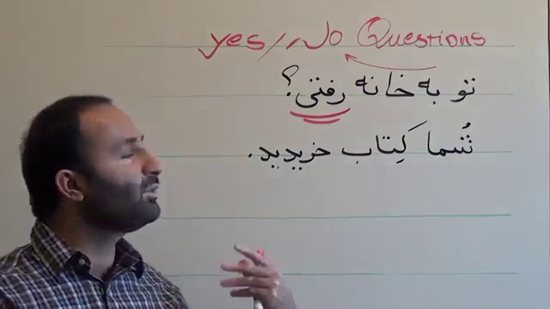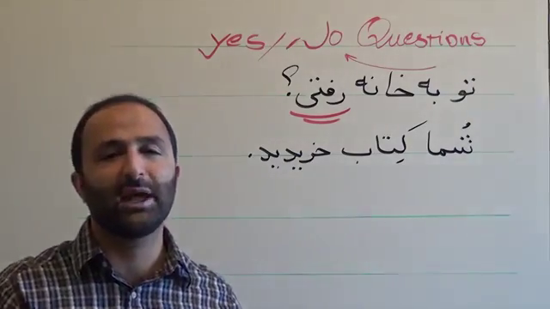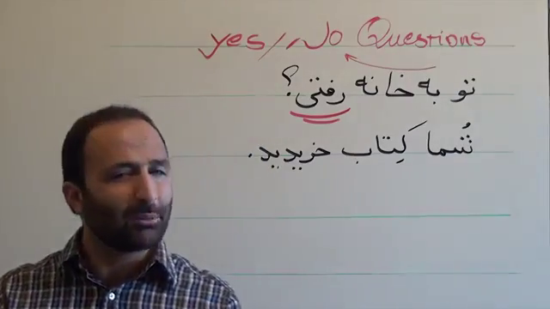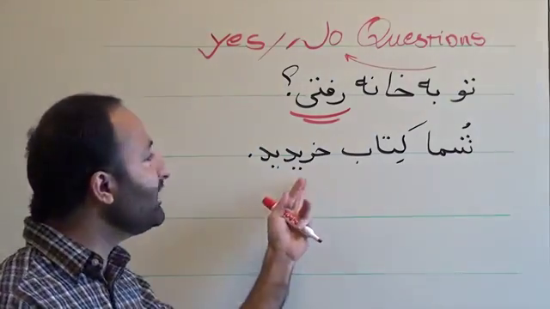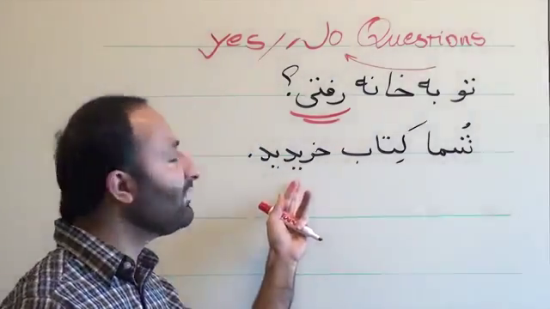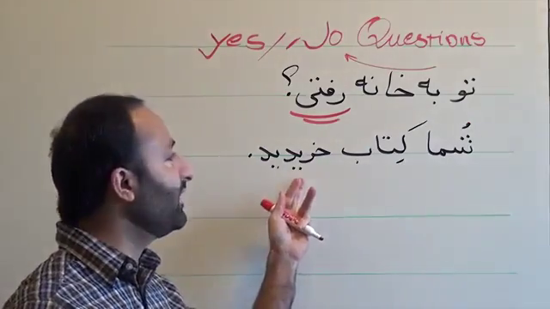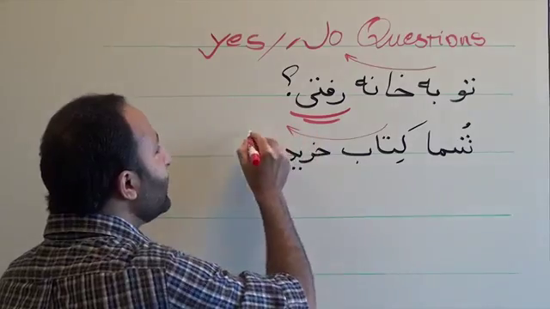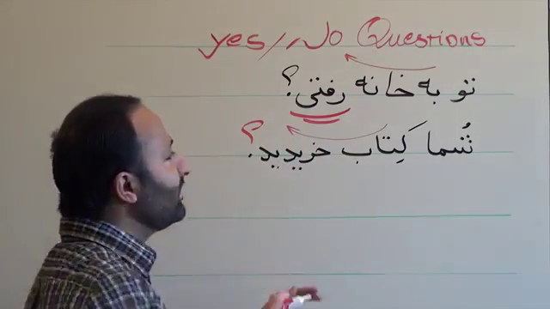But now we change the intonation of the sentence and we say شما کتاب خریدید؟ And we put the stress on the end of the sentence, specifically the verb. So the intonation is rising and it will be a question.